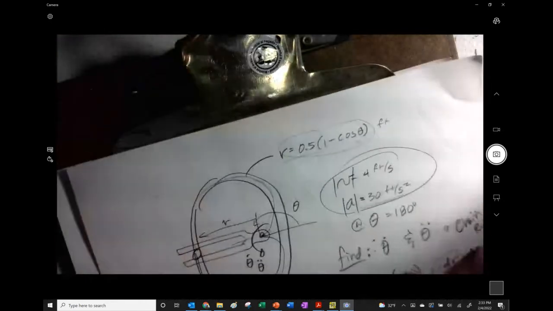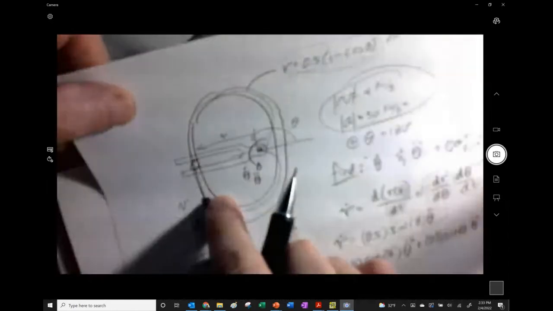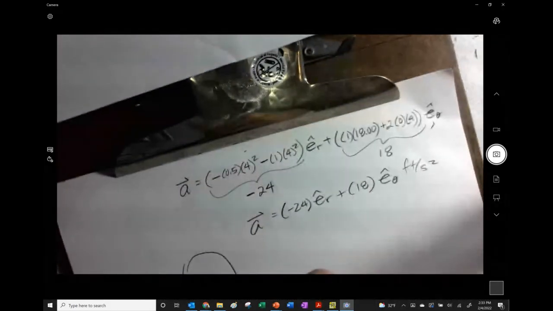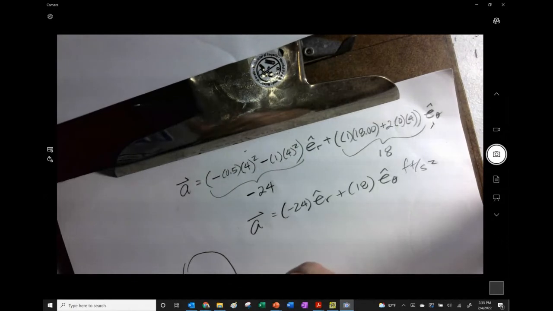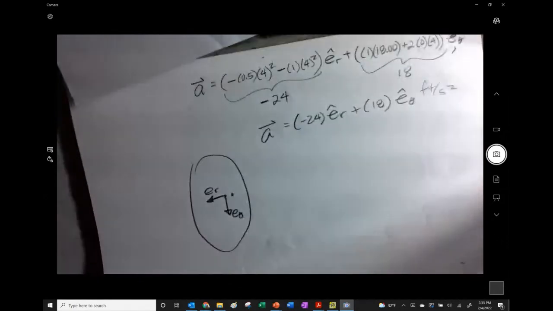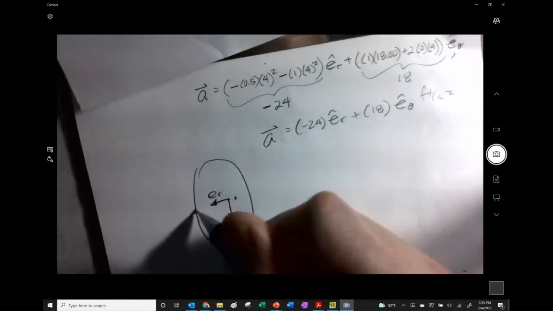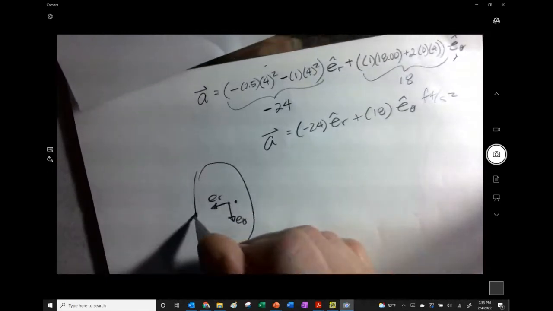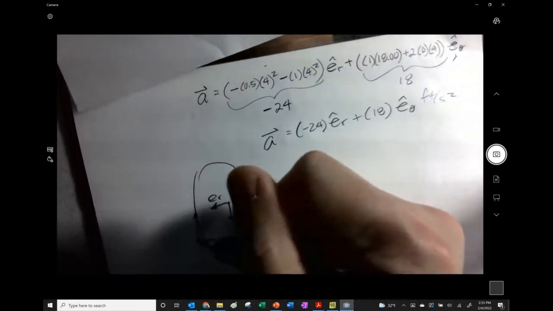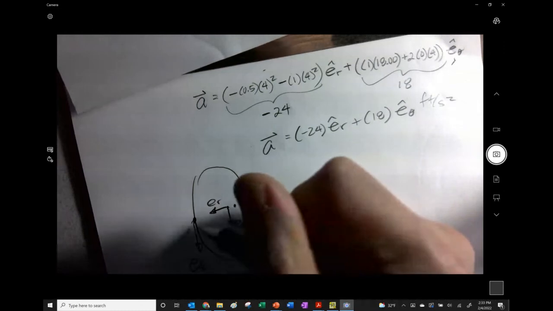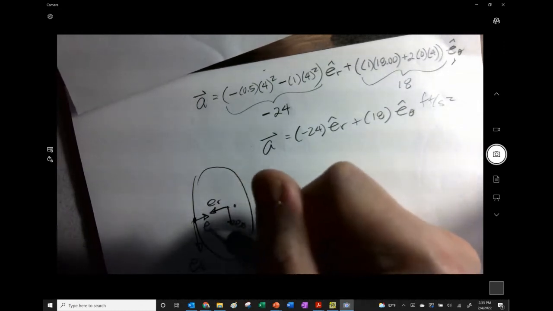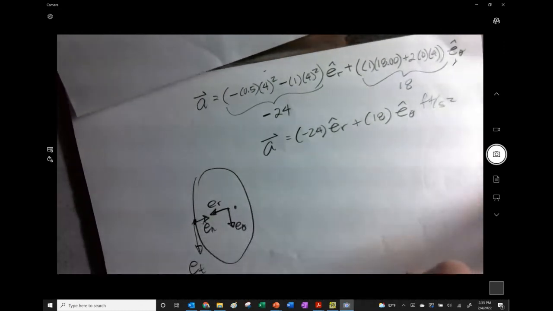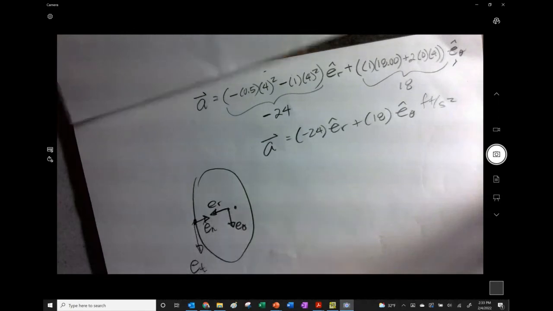Well, from the arrangement right here, let me redraw the thing out there. Here's my e_theta and here's my e_r, right? But if I look at the particle right here, tangential is this direction, e_t, and this is e_n, coming towards the center of curvature, right?